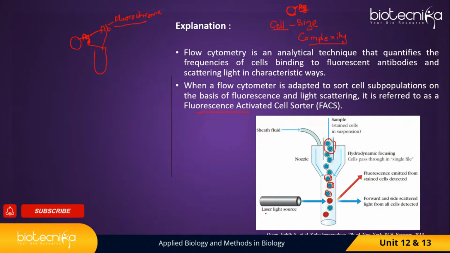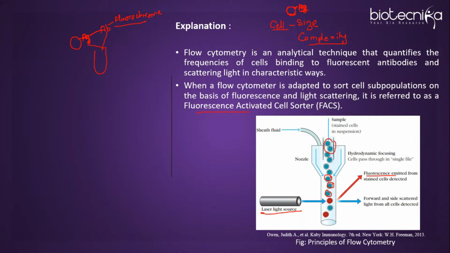As they pass, we use a laser source which passes light, and as the antibodies are labeled with a fluorochrome, these fluorochromes absorb the light and emit light of longer wavelength, which is detected by the detectors. Based on which fluorochrome we have used, according to its excitation and emission spectra, we choose the laser source as well as detectors.